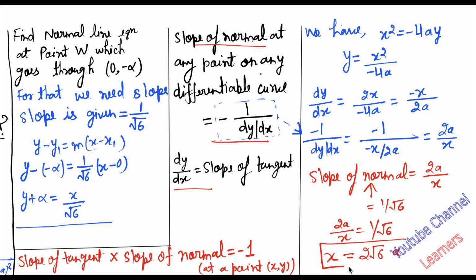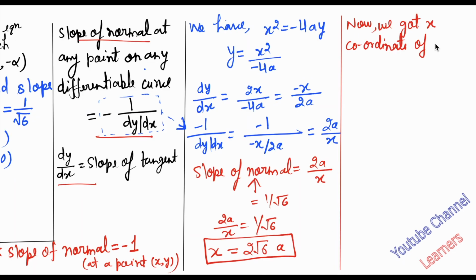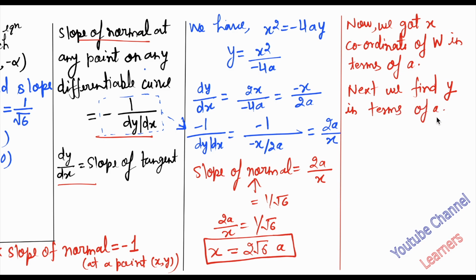We found a relation x equals 2 root 6 a. Because the normal is at the point W, we got the x coordinate of W in terms of a. Now we put it back into our curve equation x square equals minus 4ay to find the y coordinate of W in terms of a.